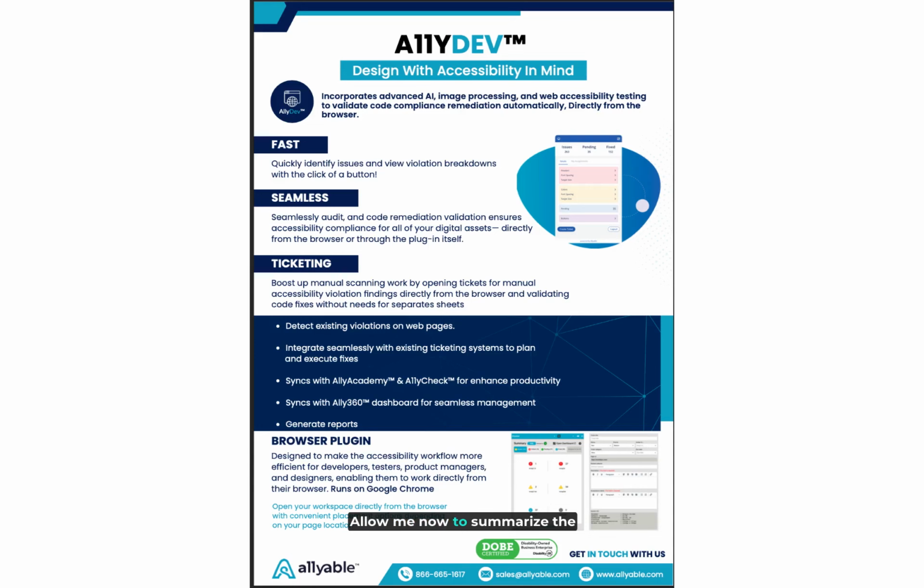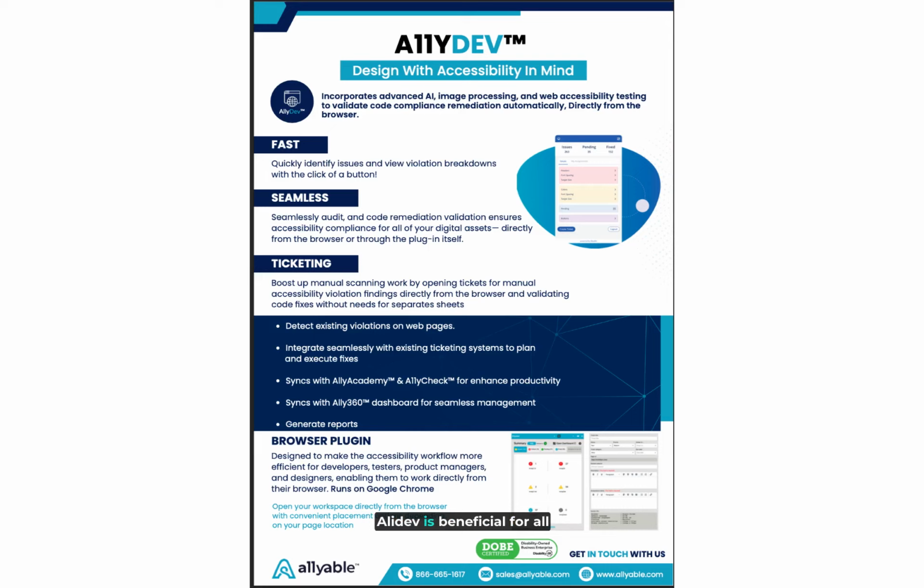Allow me now to summarize the functionalities of AllyDev and the value it provides. Currently, it can be installed on Chrome browsers. According to the roadmap for Allyable, support for additional browsers will be added in the future.